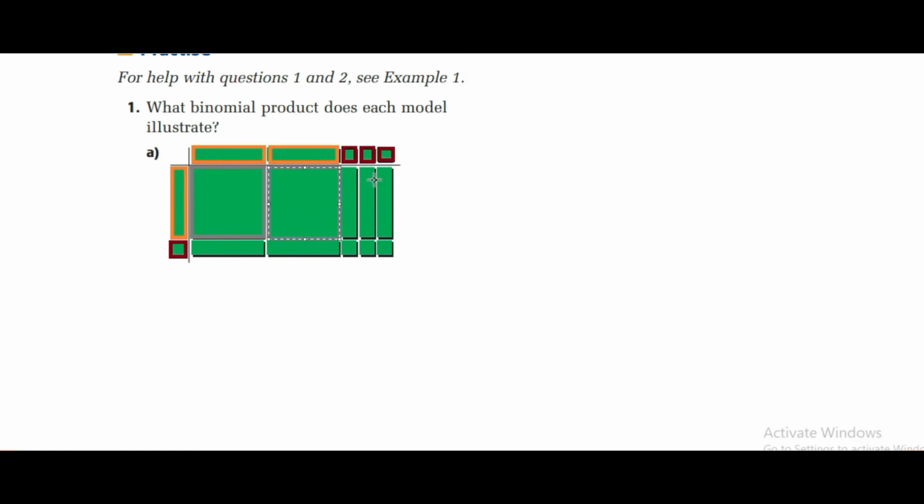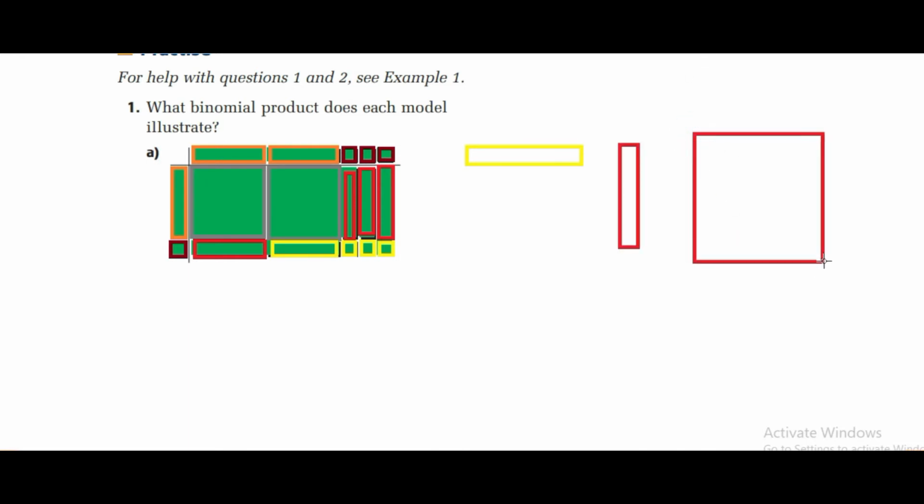All the rectangles inside are x, and these tiny boxes are 1. So all the rectangles are x, the big square is x square, and the small tiny boxes are 1.